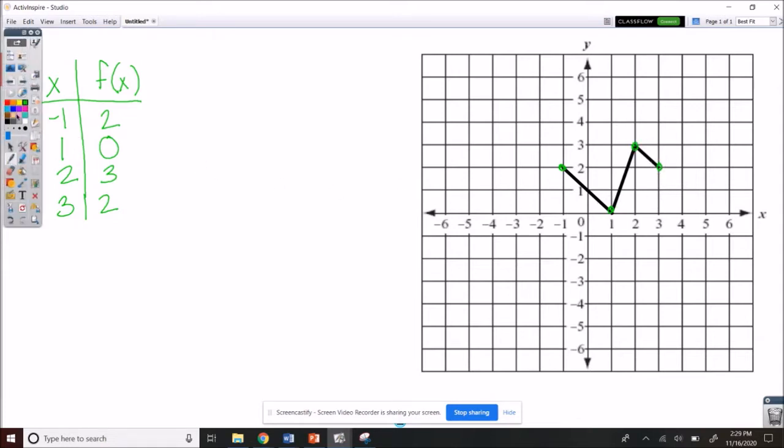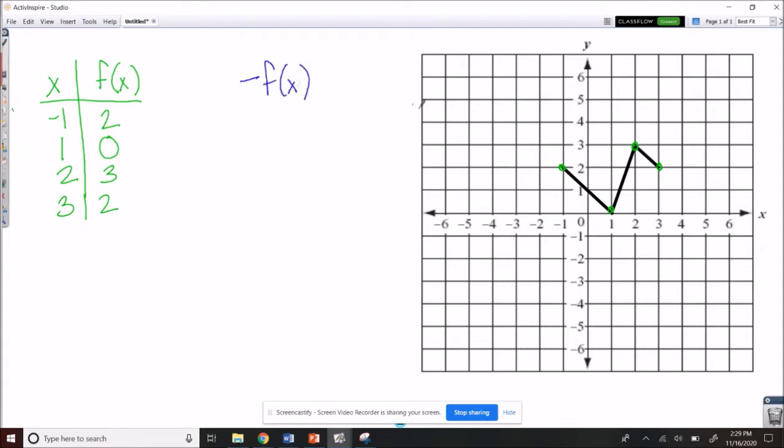Okay, so let's say we are going to find the function negative f of x. So what that means is I'm going to take all of my y values and make them negative. I'm going to flip it over the x-axis. So instead of (-1, 2), it's going to be (-1, -2).